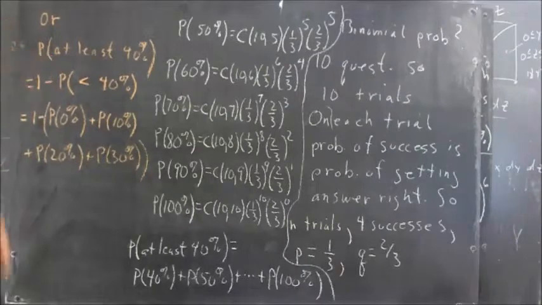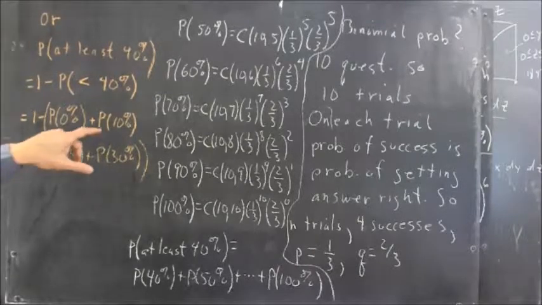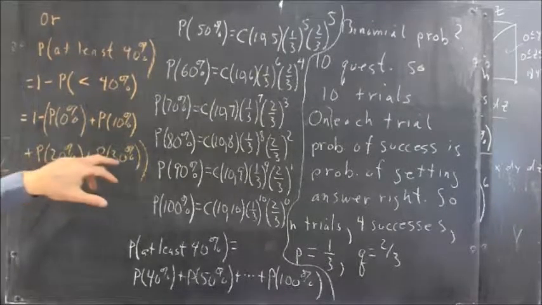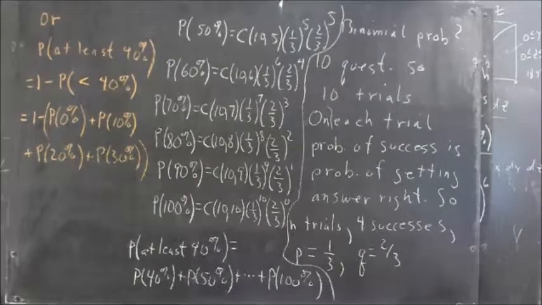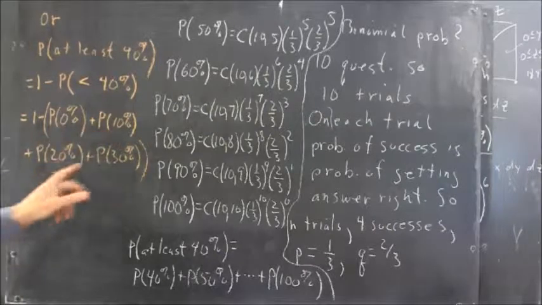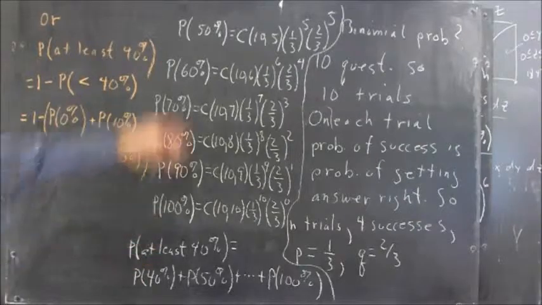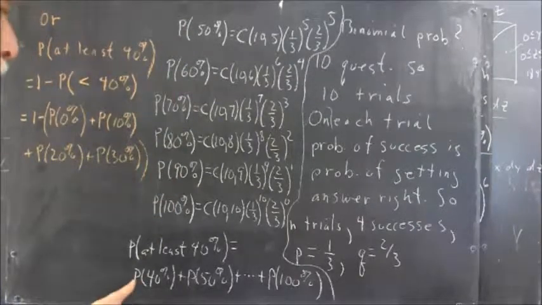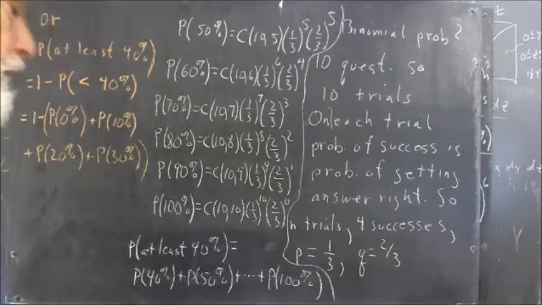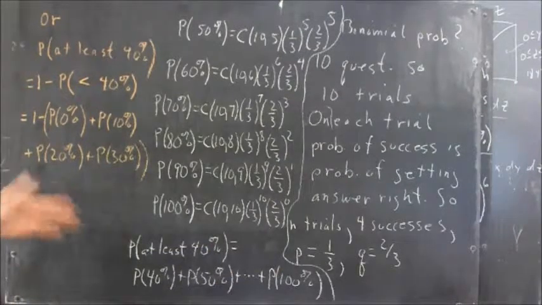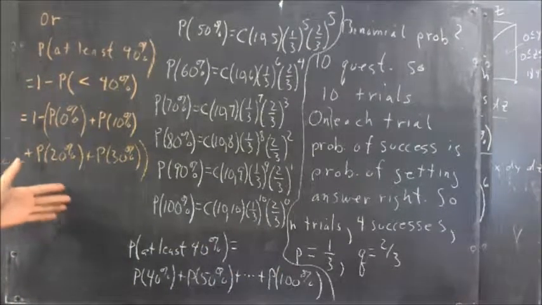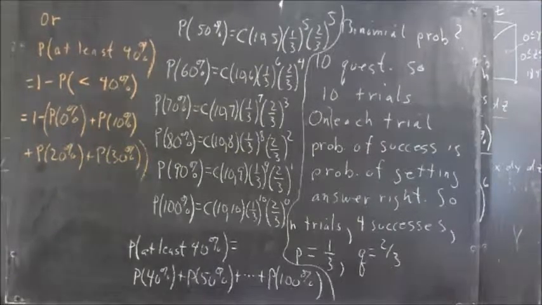There are fewer cases for the probability of less than 40%, and so we write that as 1 minus the probability of 0% plus the probability of 10% plus the probability of 20% plus the probability of 30%. 1 minus the sum of all these. There are only 4 expressions to evaluate, whereas when we do the probability of at least 40%, we have 7 expressions to evaluate. So it's slightly easier to do this. It's not really easier, it's just less work to do it this way than it is to do it the other way.